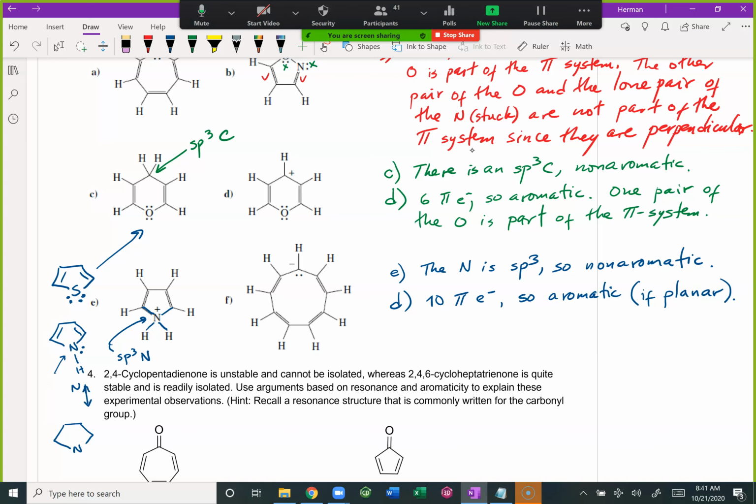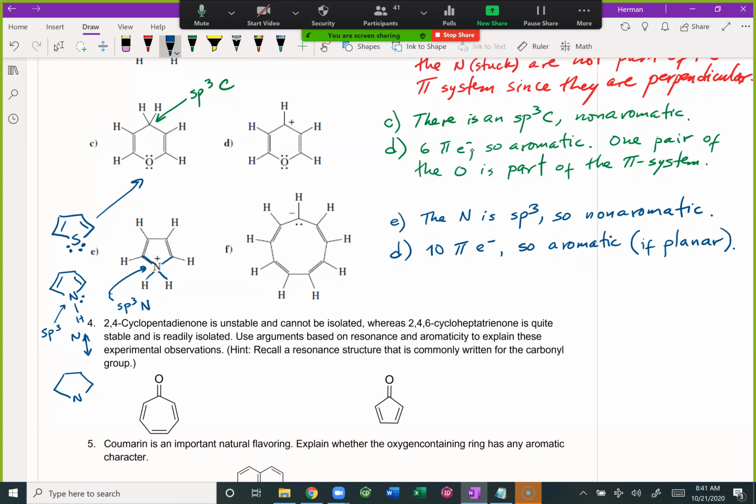So let's say it's sp3 because it has 4 directions with a lone pair, right? But if you can do resonance, and it can, check this out. Now this nitrogen is what? sp2 hybridized.